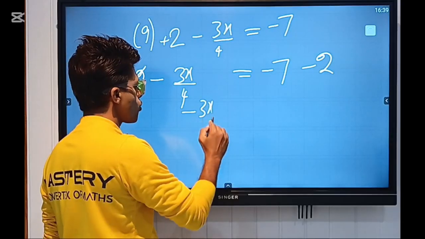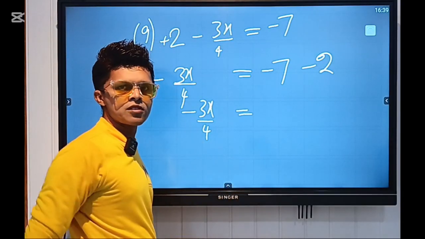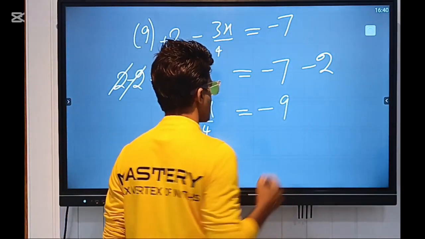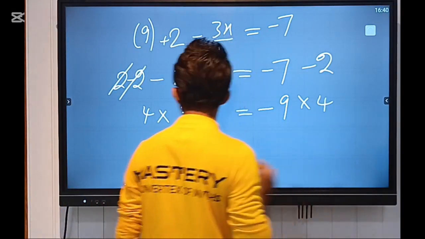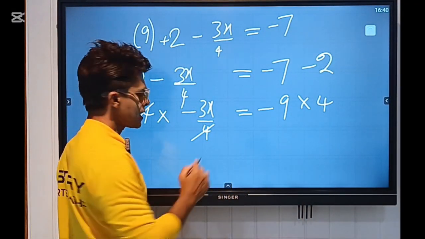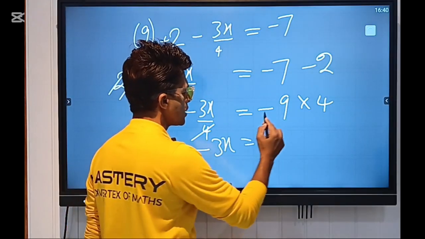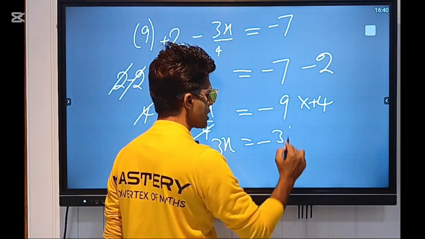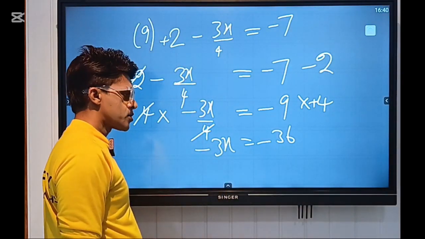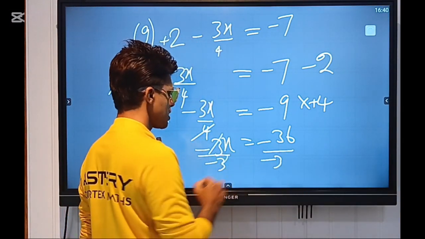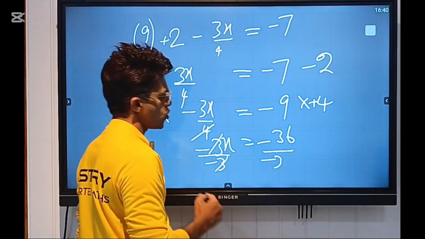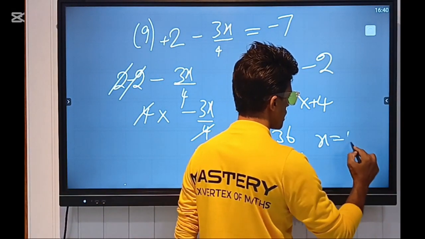So minus 3x over 4 equals minus 7 minus 2, which is minus 9. So multiply both sides by 4, then 4 and 4 cancel out. Minus 3x equals minus 9 times 4 is 36. Divide by minus 3 both sides. Simplify this 3 and this 3, then minus over minus is plus, 36 over 3 is 12.